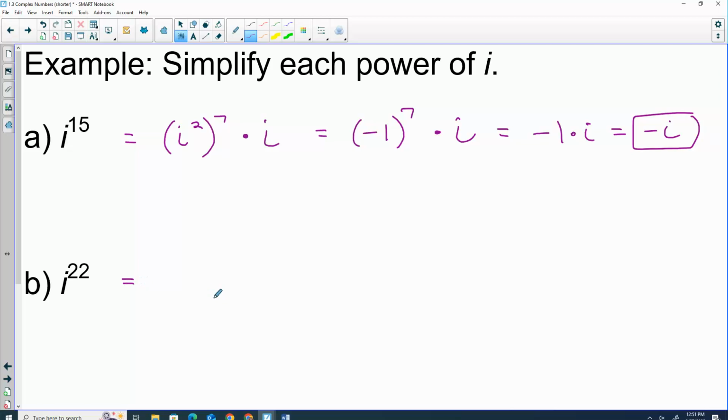If I said i to the 22nd, how many groups of 2 can that make? 11. Any leftovers? No. What's i squared? What happens if you have negative 1 11 times? Negative 1.